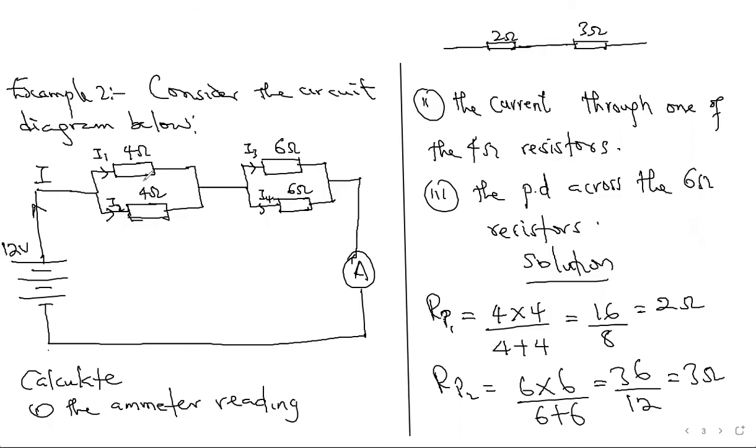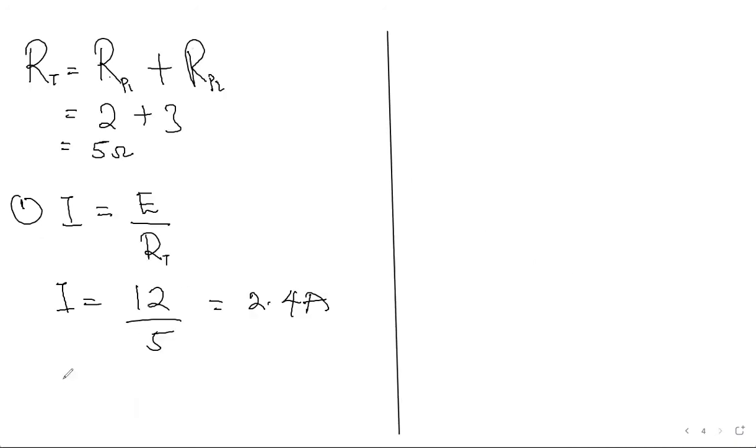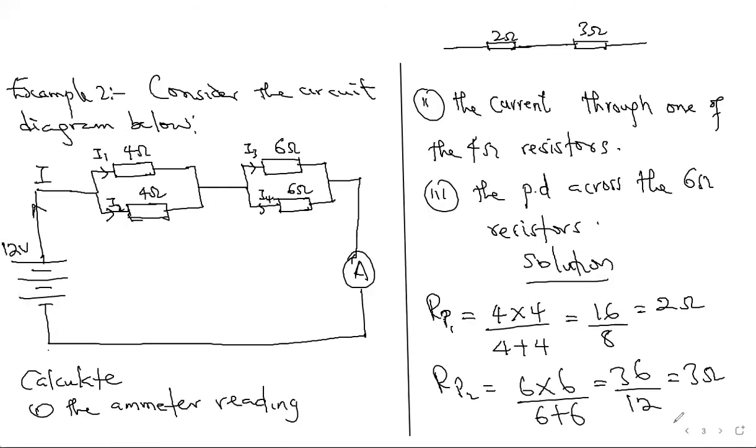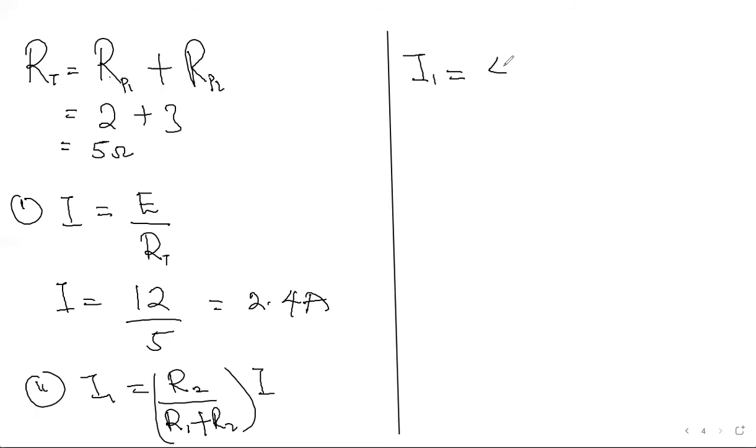So how do I get that? If I use the current divider rule, I1 will be equal to R2 over R1 plus R2 multiplied by I. So I1 will be 4 divided by 4 plus 4 times 2.4, the total current.